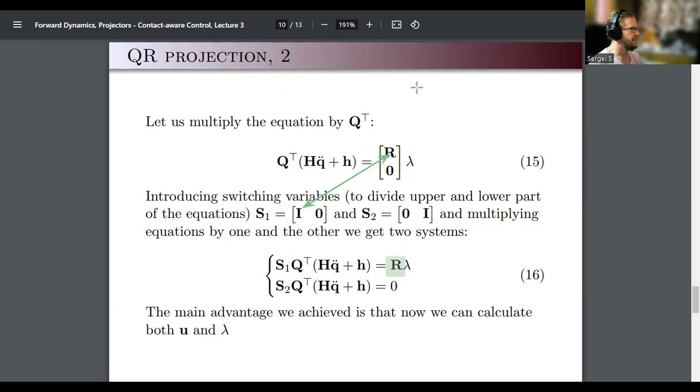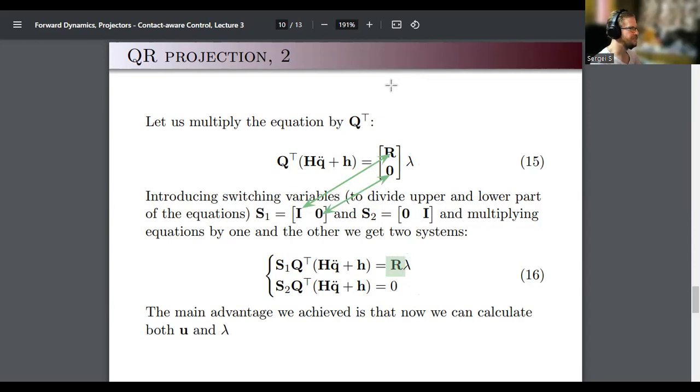But when you multiply this 0 with 0, you get 0, and it is added, because this multiplication goes like r times I plus 0 times 0. So this is just r here. So it's basically the switching variable. What it does is it cuts off the lower part of the matrix. It only leaves you with the upper part, right?